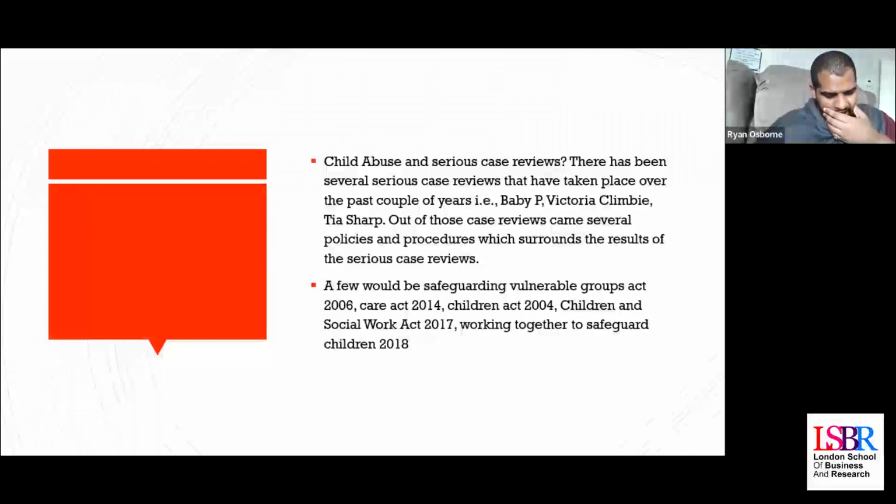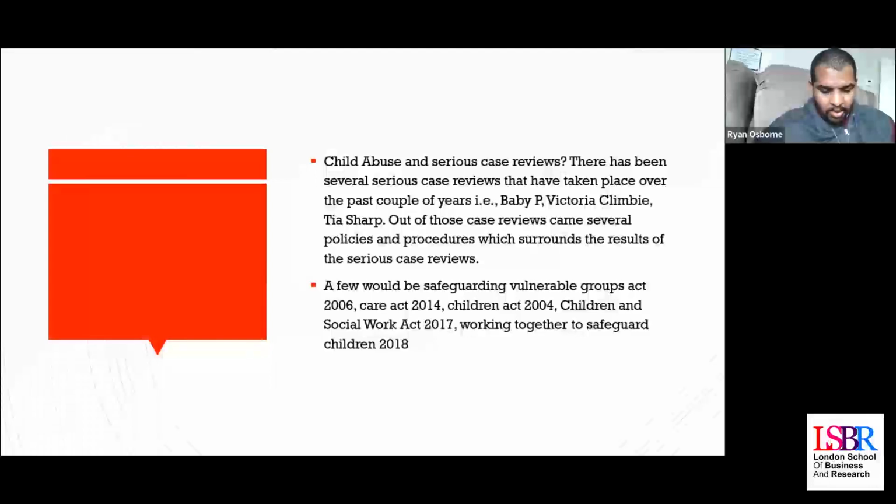It was introduced in 2017 by the government themselves.